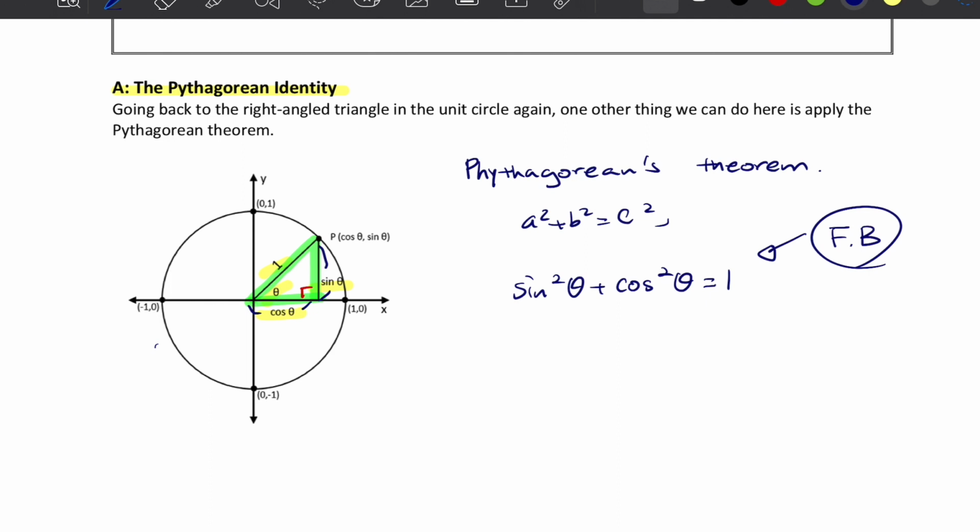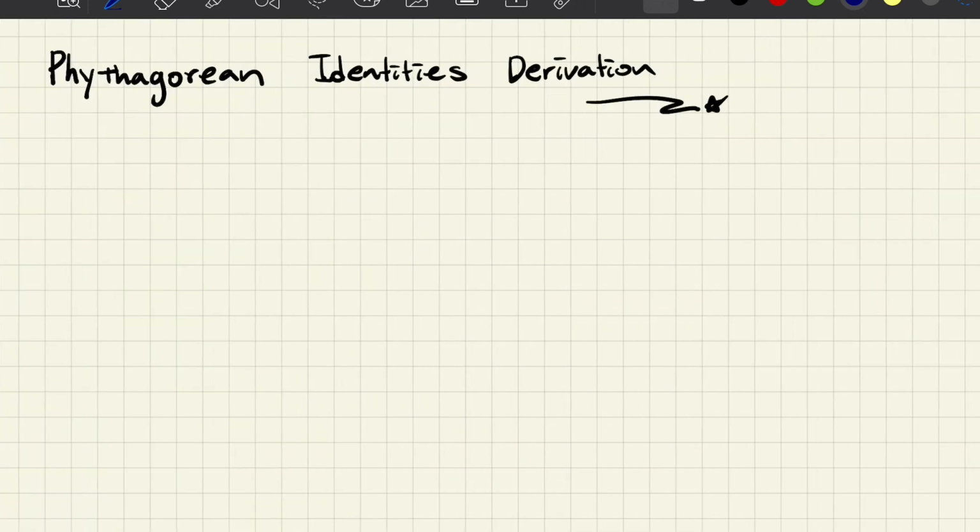However, let's try to derive the Pythagorean identity. We are going to prove the Pythagorean identities using the Pythagorean theorem. Let's consider a right triangle ABC.